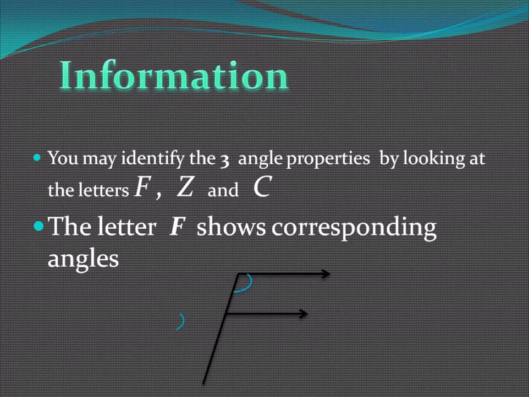You can see here the second angle. These two angles are called corresponding angles, these two are parallel lines, and the third one is the transversal. You have to remember this: the letter F shows the corresponding angles.